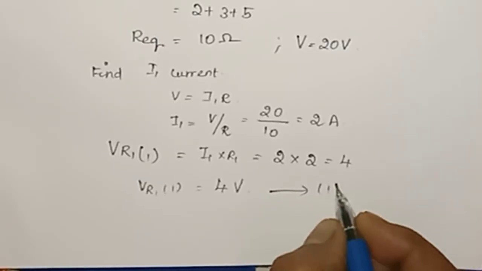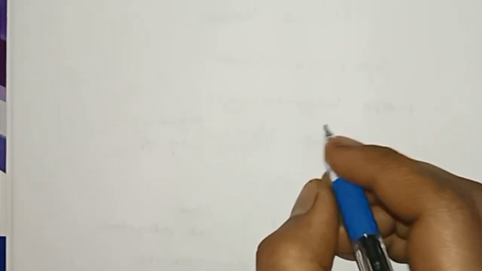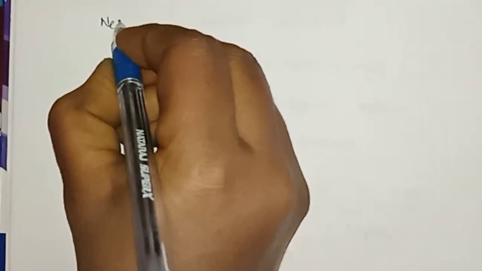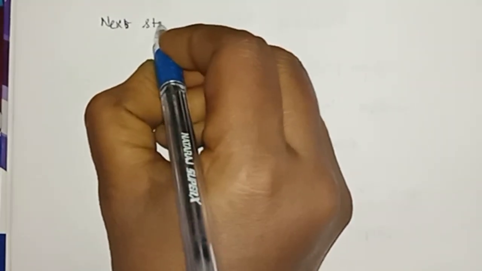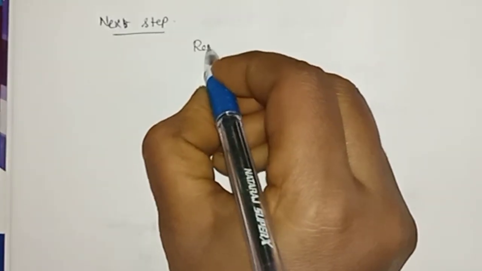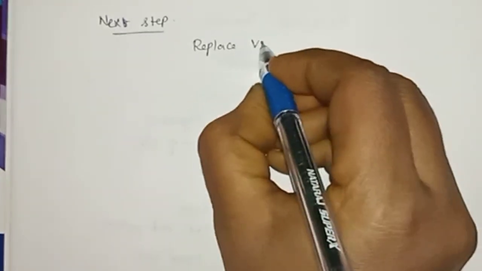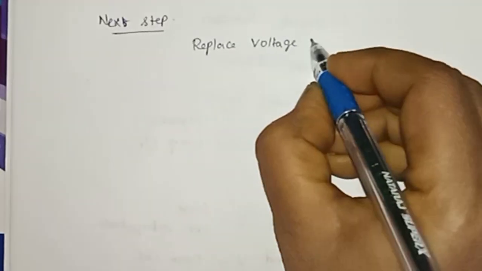Consider this equation as the first equation. In the first part we replaced the current source by open circuit and found the value of V1. The next step, we have to replace the voltage source by short circuit and find the current value.